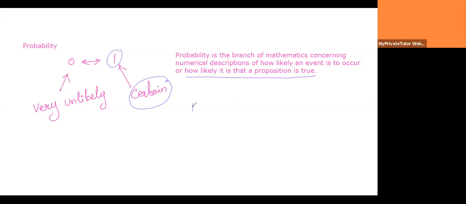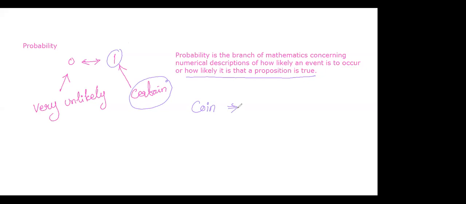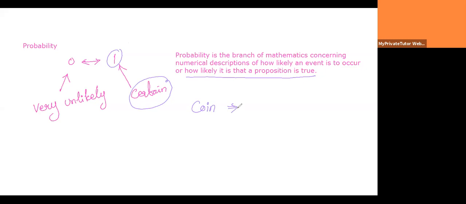But if you toss a coin, what is the probability, or what is the chance? Very unlikely? Yeah, because we really don't know if it is going to land heads or tails. So what is the probability, or the chance, of getting tails or heads?